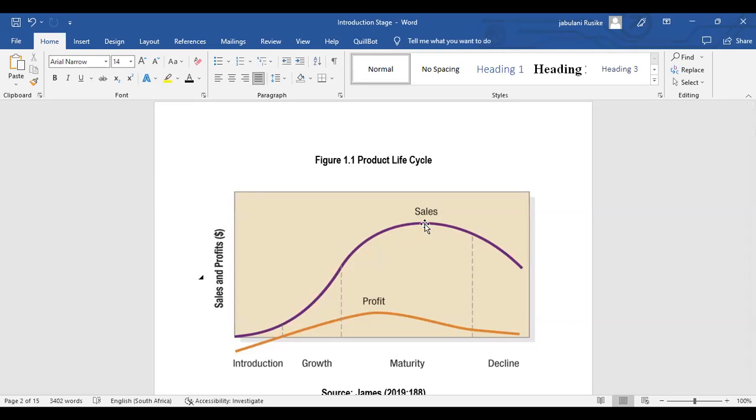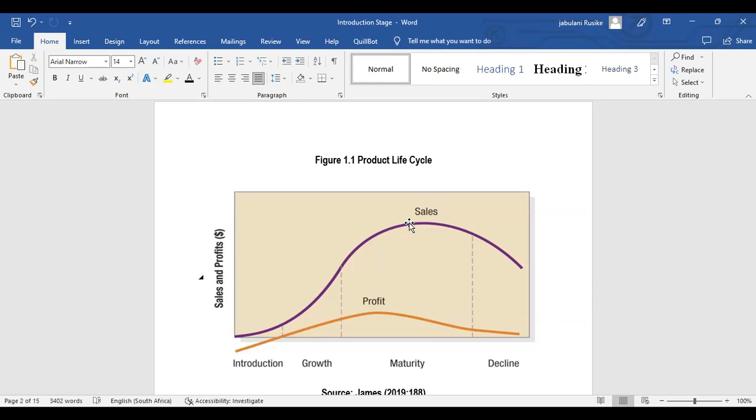That's why you see even those that sell phones, when that product is at the maturity stage, they try to come up with additional features on that phone so that they keep up with the changing demands of the customers.